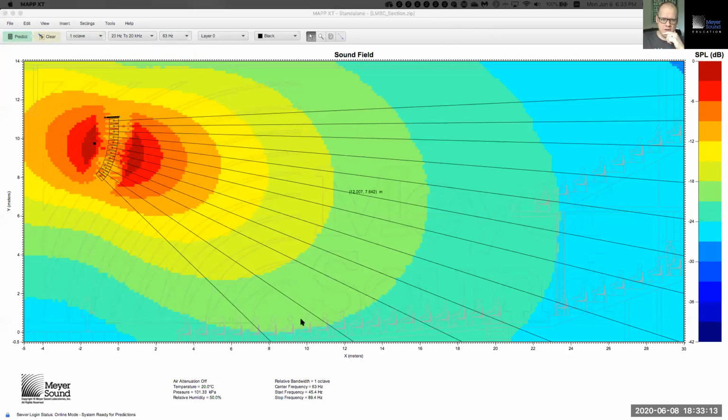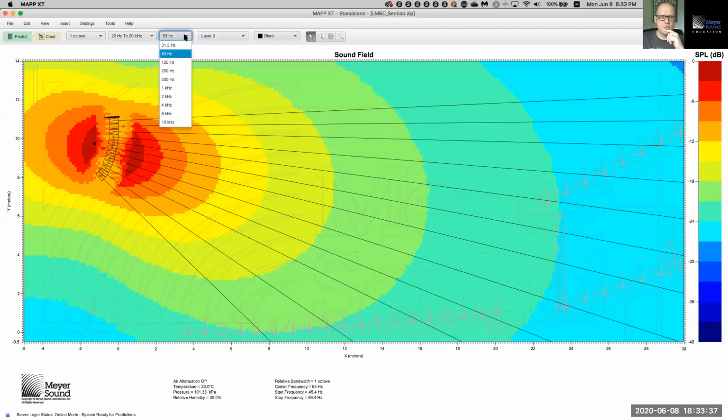starting over here, which is the start of coverage, where we have this green color, and then we go into this lime color, and then we go into this blue color. Well, that's 2 color divisions. That is 6 dB of variance front to back. Not unlike what we see at 4 kilohertz. At 4 kilohertz, we also see 6 dB of variance front to back.